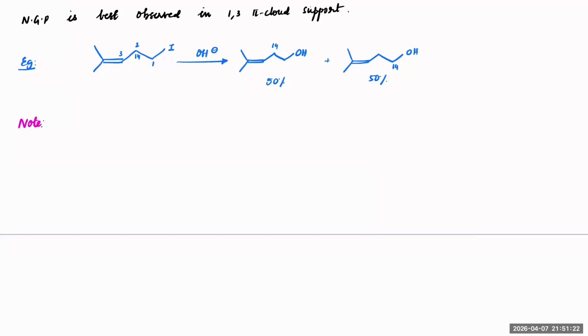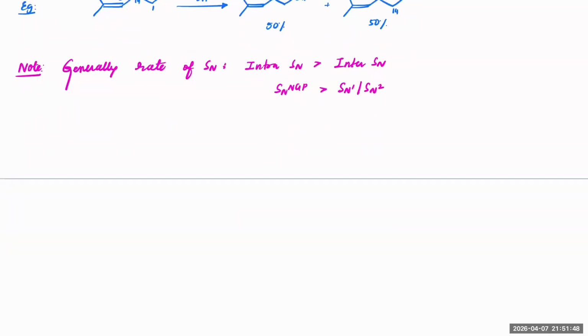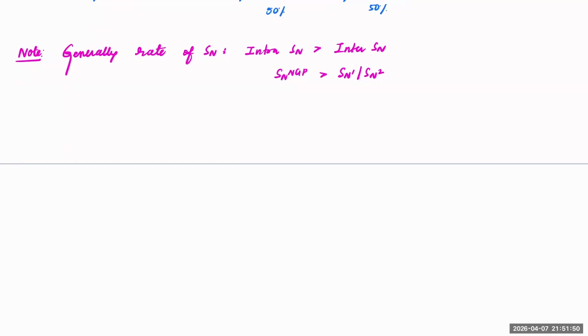Generally the rate of SN will be more in the case of intra SN compared to that of inter SN, which means SN NGP will generally be greater than SN1 or SN2 types. So where there is a chance of SN NGP, it will always happen faster compared to its counterpart where you have only SN1 or SN2 happening.